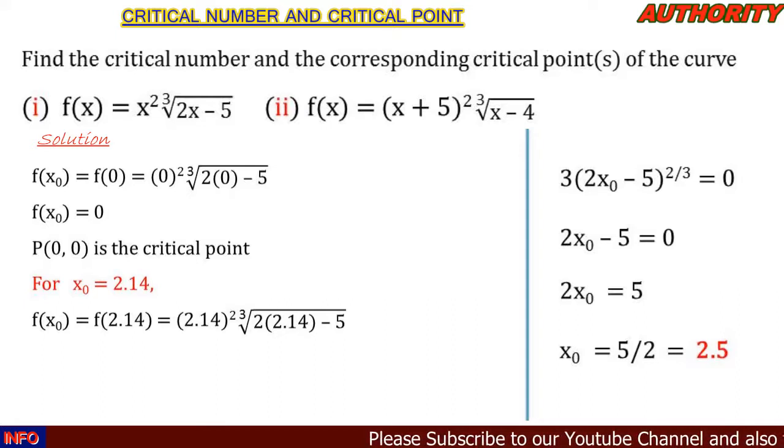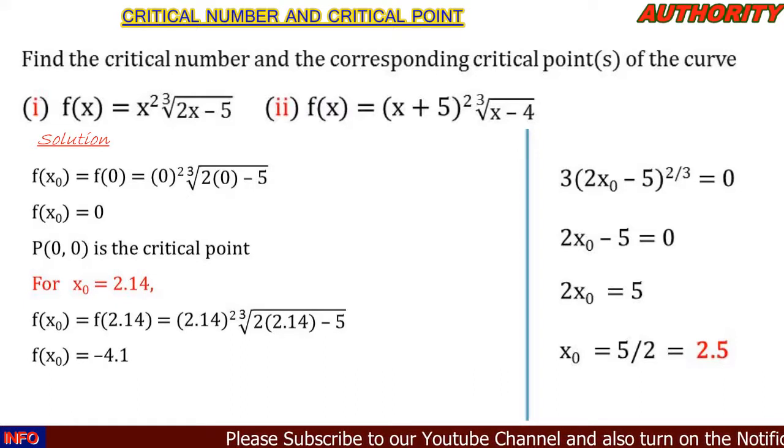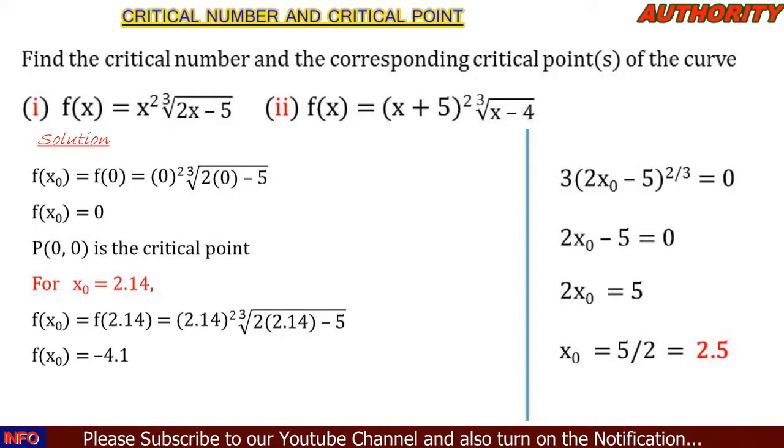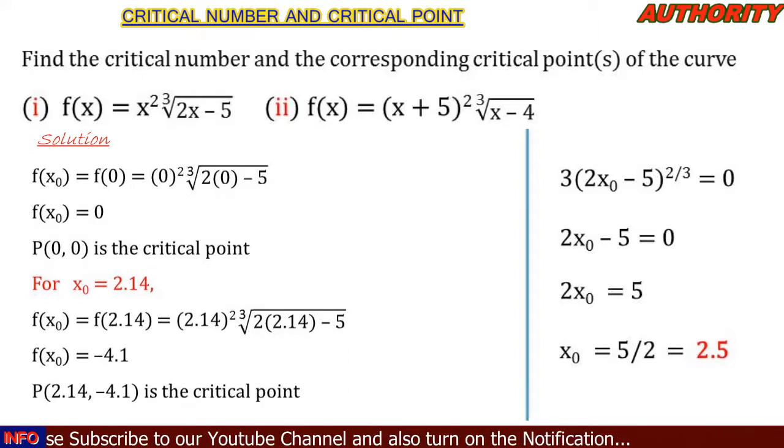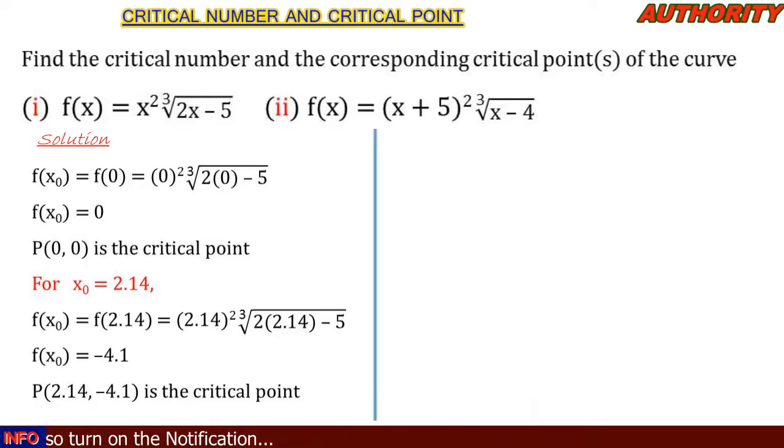When we simplify this, we get minus 4.1. So the corresponding critical point is p open bracket 2.14 comma minus 4.1 as the critical point. All right, now let's go for the last one.